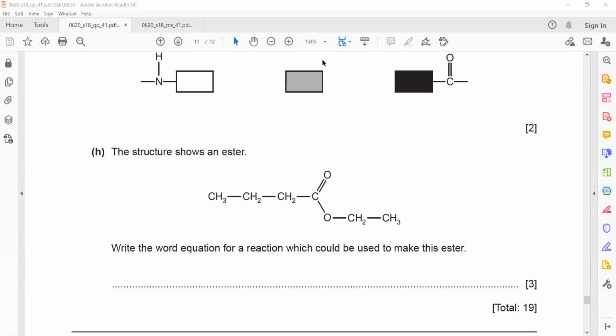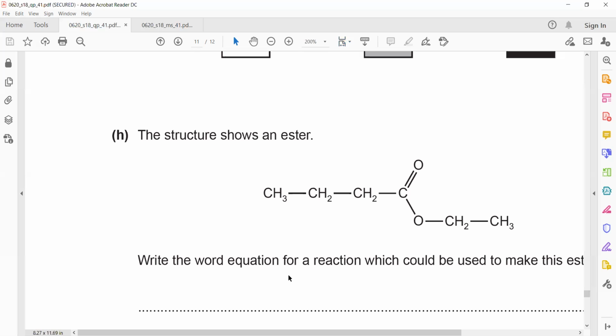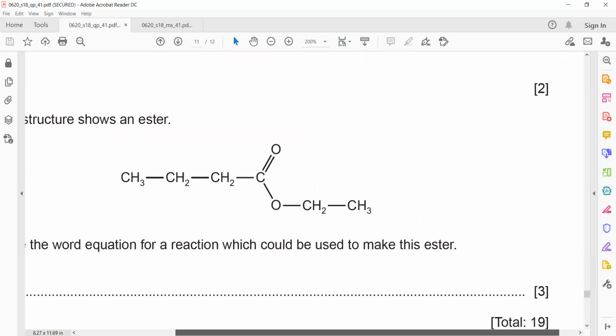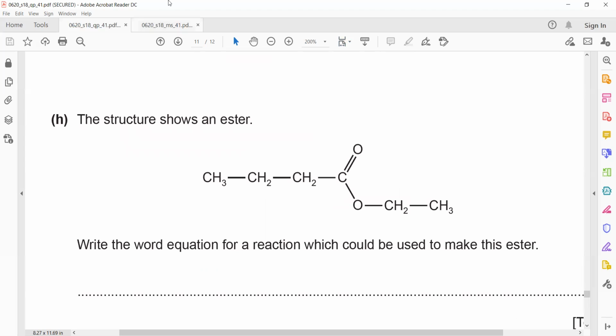Okay, next. The structure shown is an ester. Write a word equation for a reaction you could use to make this ester. First thing, you have to identify this ester. Which ester is this? What is the name of the ester?